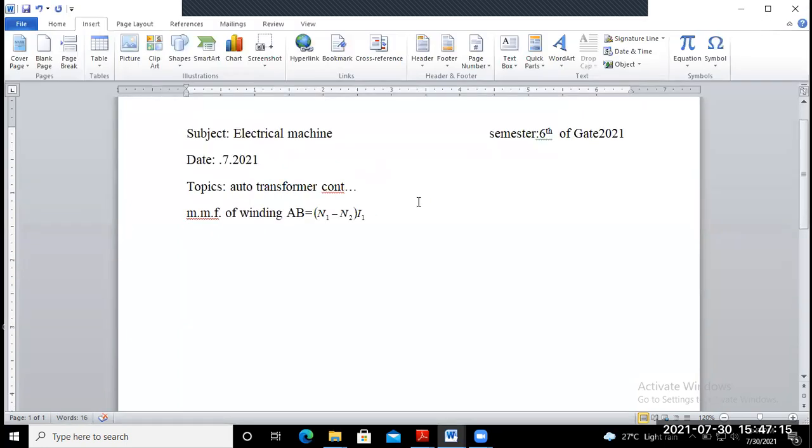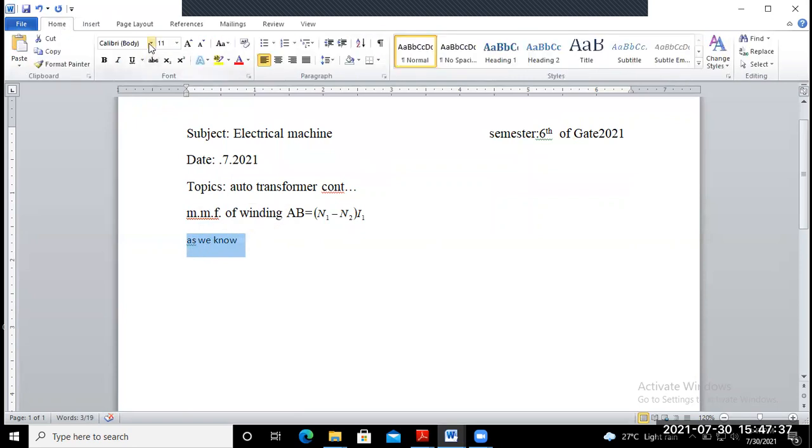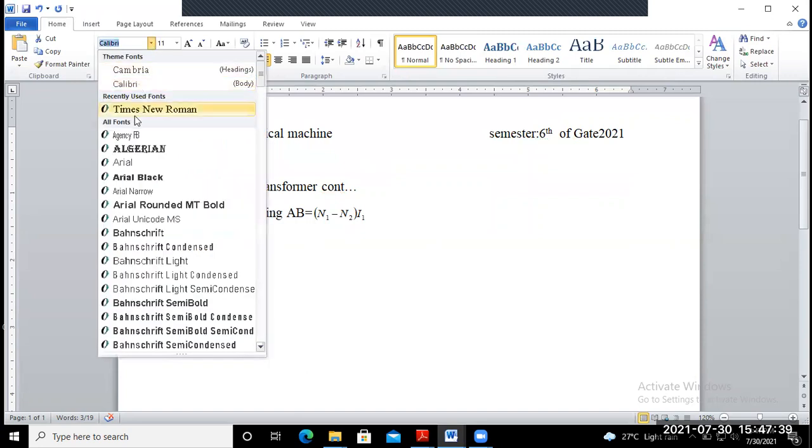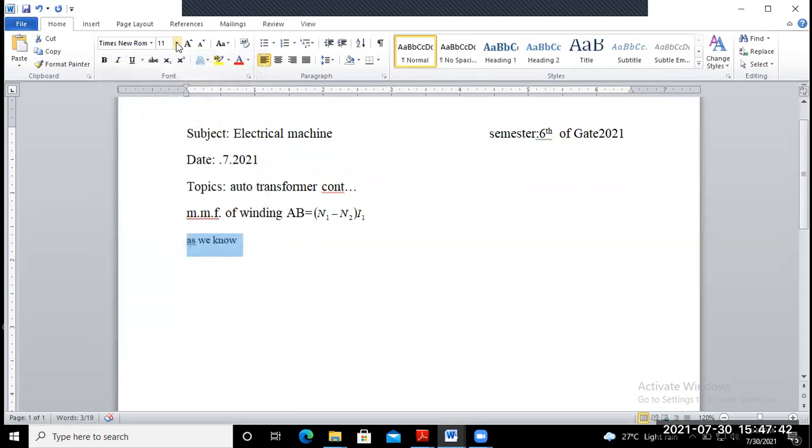As we know that I1 N1 equal to I2 N2. So we will just put here I1 N1 equal to I2 N2.